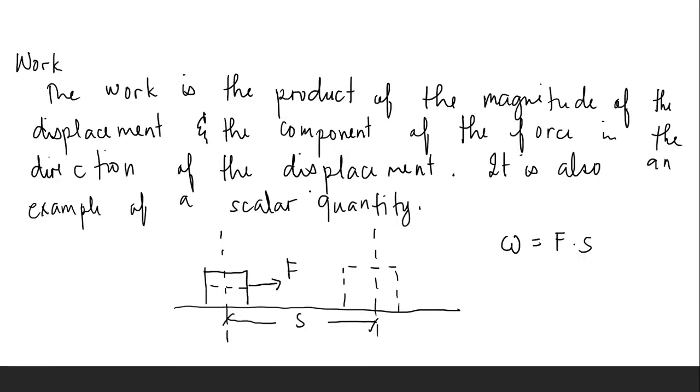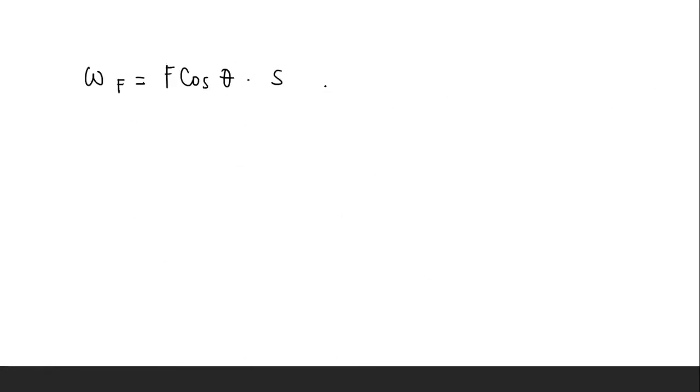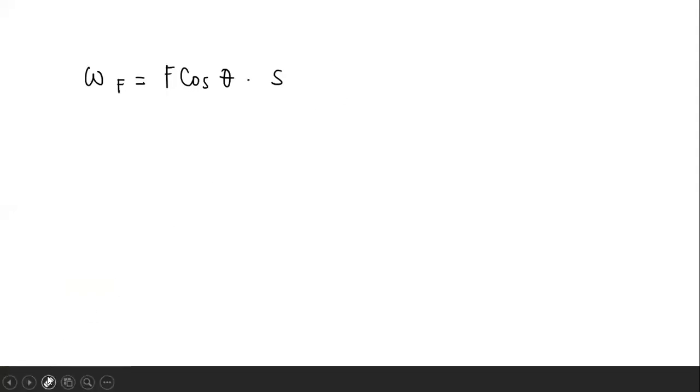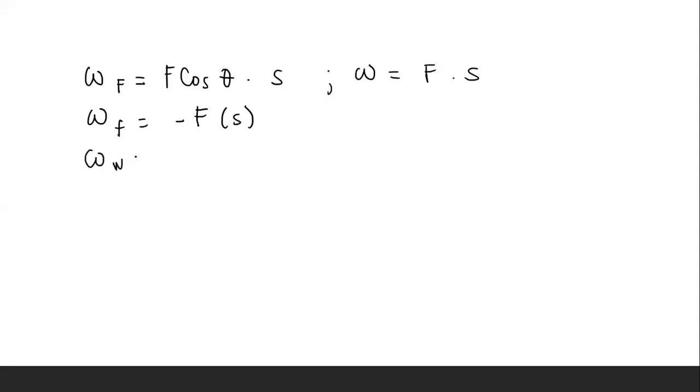And for this figure, your work is equal to F times S. But for the work of the frictional force, that is equal to negative F times S. Work of the weight is equal to 0, and the work for the normal force is equal to 0.